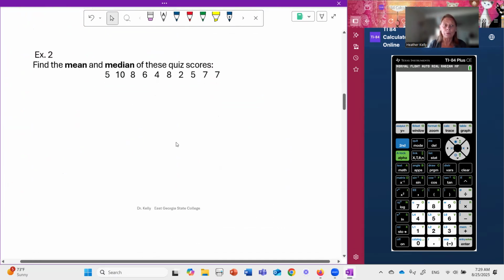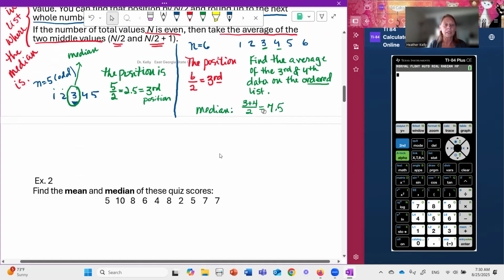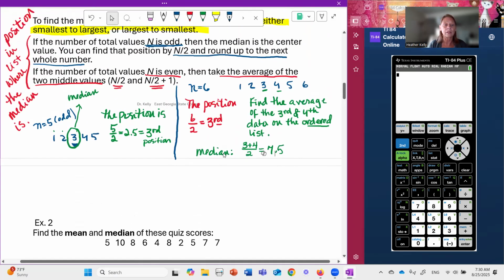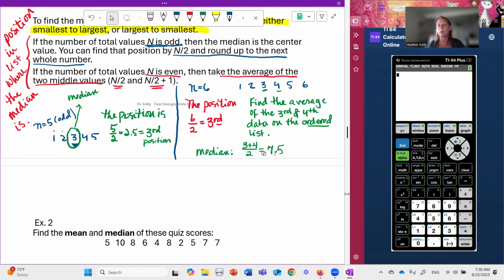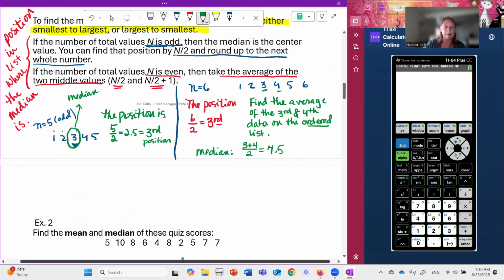So here's an example asking you to find the mean and the median of these quiz scores. First things first, whatever you do before you get started, I always count to see how many are in the list, right? So let's see here. 1, 2, 3, 4, 5, 6, 7, 8, 9, 10. 10 numbers in the list. All right.